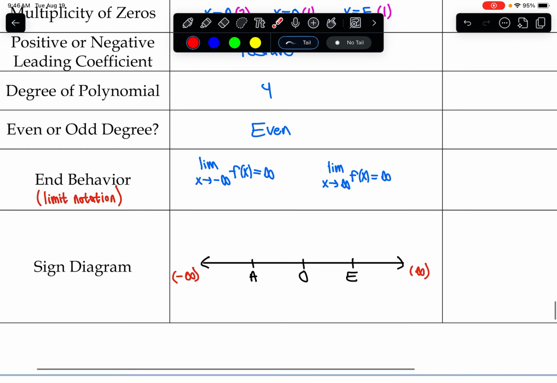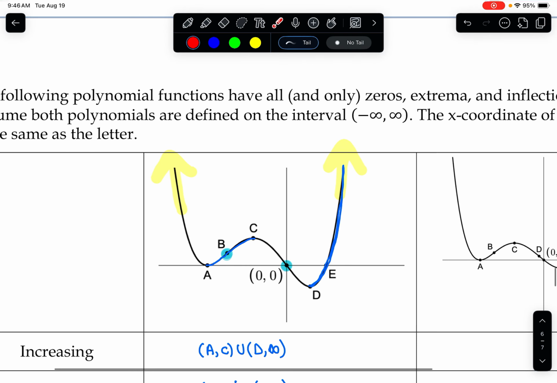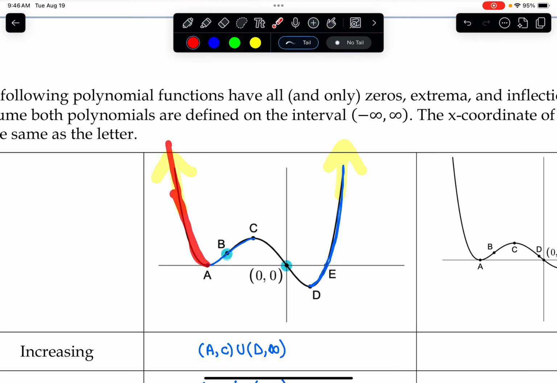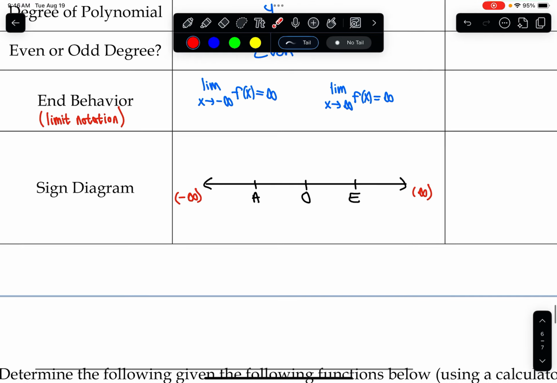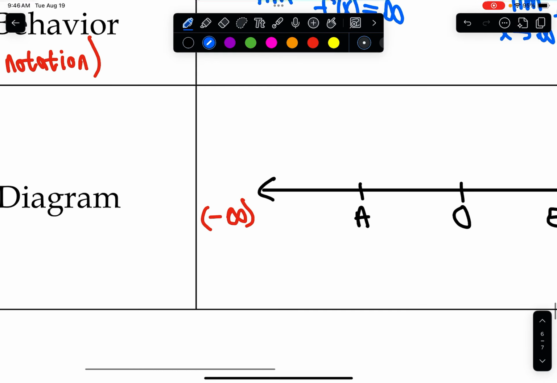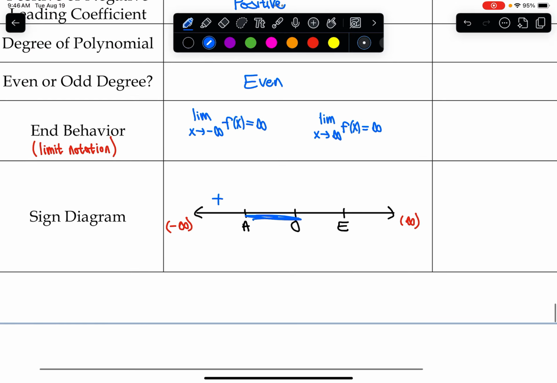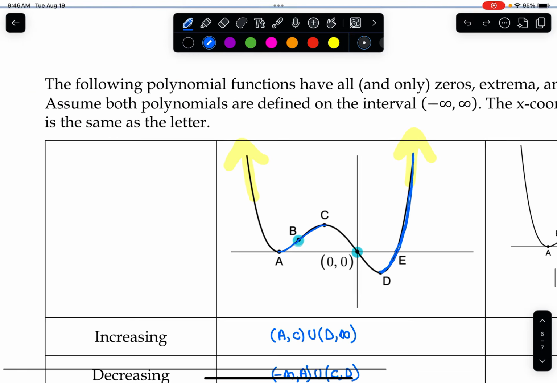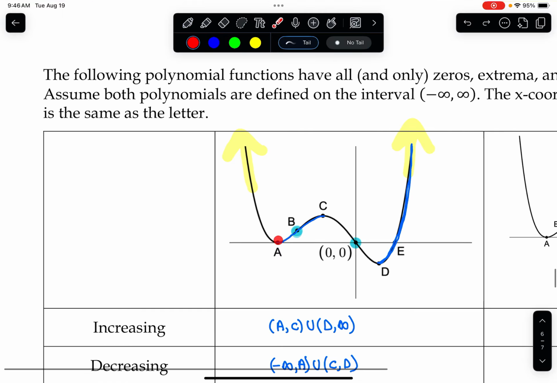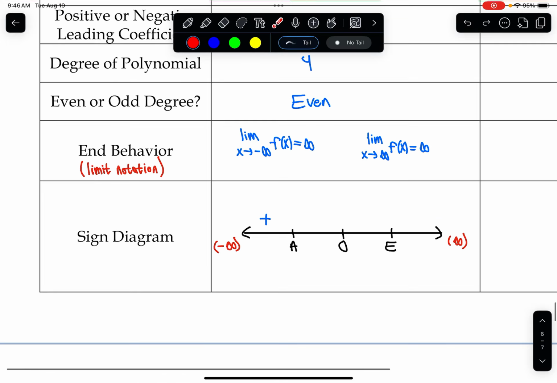So if I look on the interval from negative infinity to a, if I look at my graph, I'm above the x-axis, which means I'm positive. And then the interval from a to 0, I am also above the x-axis, which means I'm positive here.